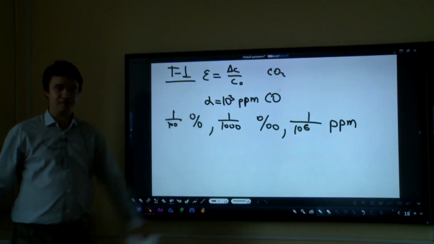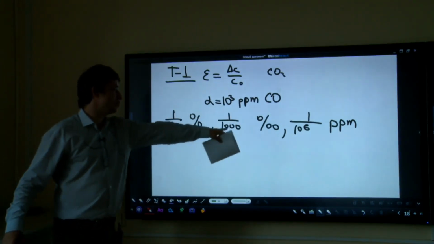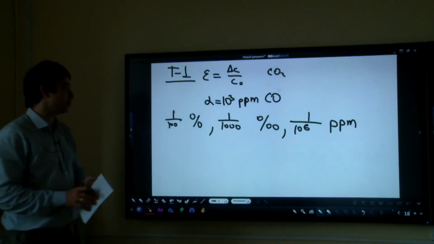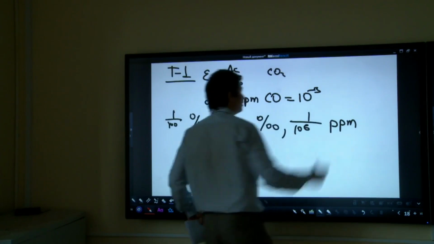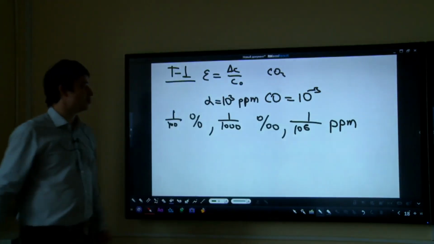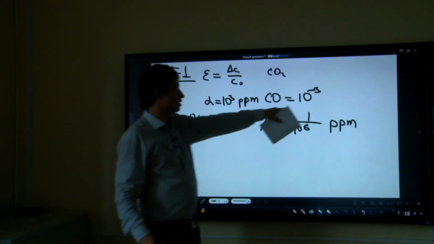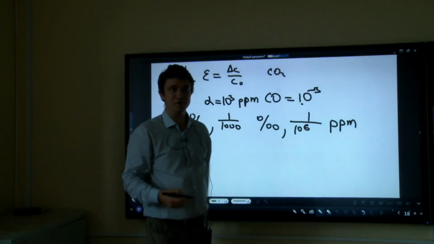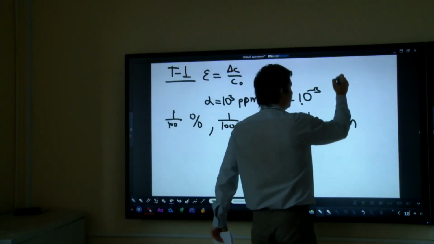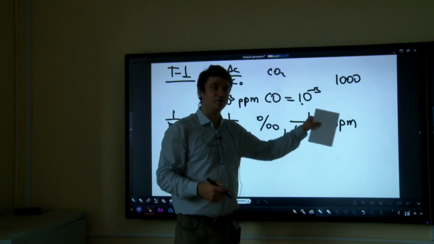So 1000 ppm means that 1 promille of carbon monoxide, 10 to the minus 3 of carbon monoxide. Okay, so this tells us the number of molecules compared to the total number of molecules. So in 1000 molecules of the mixture, there is 1 molecule of carbon monoxide.